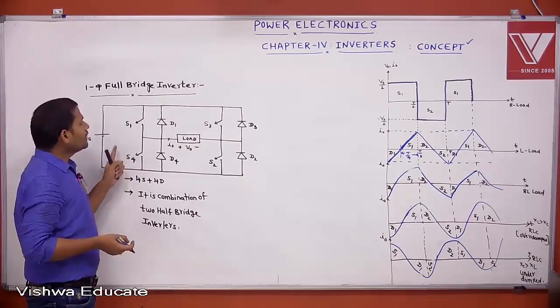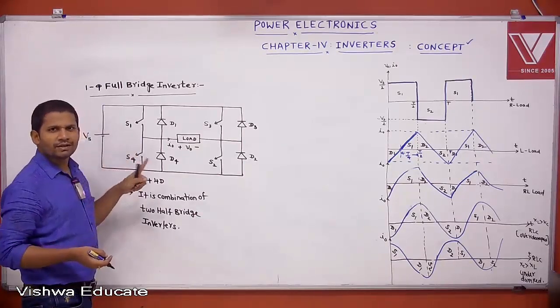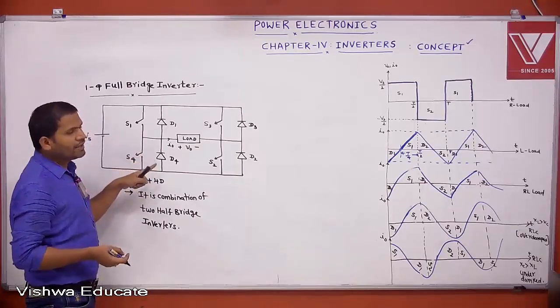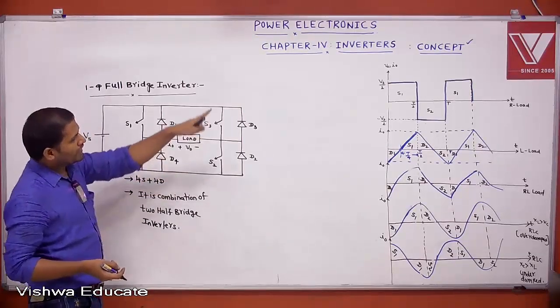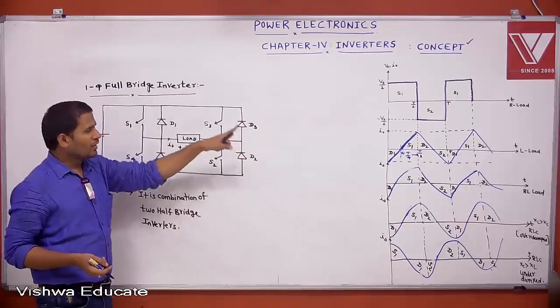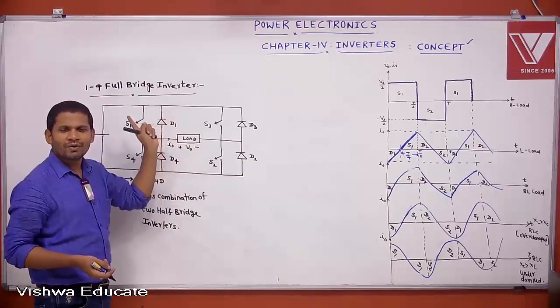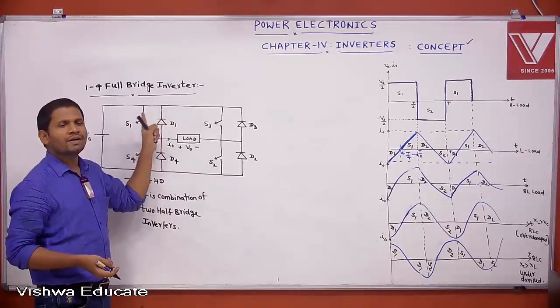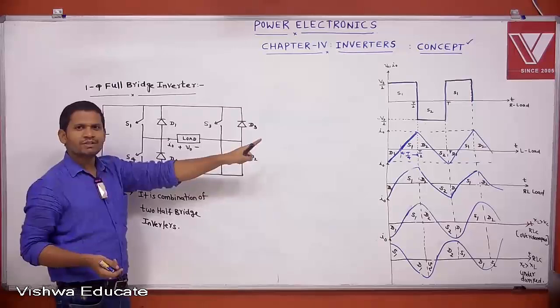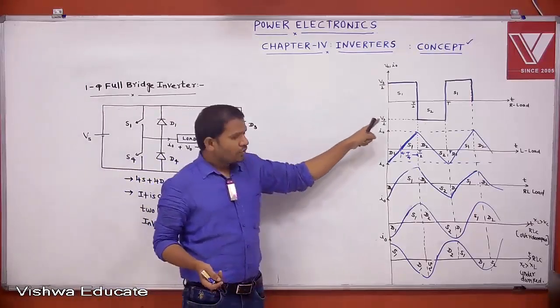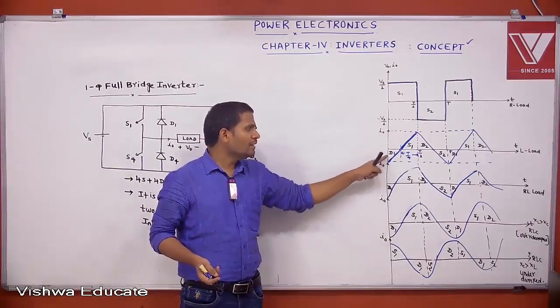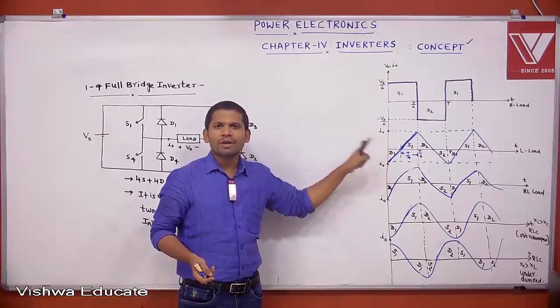First I want to explain this concept for a resistive load. Then for the remaining loads, you get the same waveform. Only the configuration is different between half bridge and full bridge, and the number of devices is different. Based on that configuration, the output voltage will change. Here also we can get the same waveform, but instead of one device, how many devices will conduct?